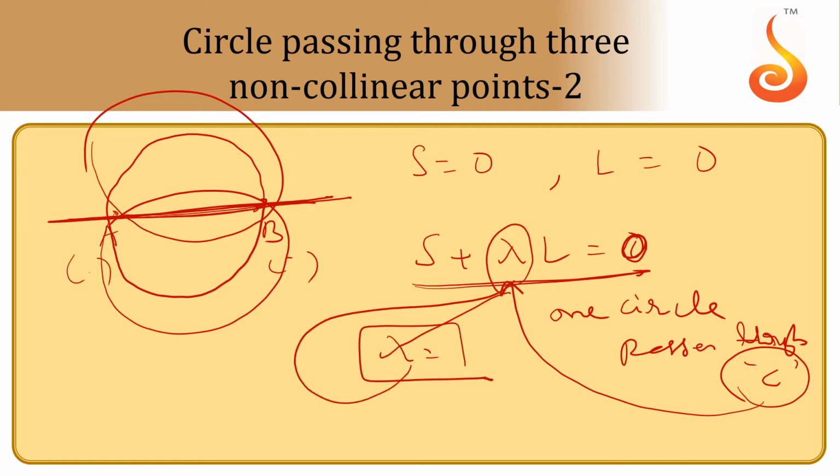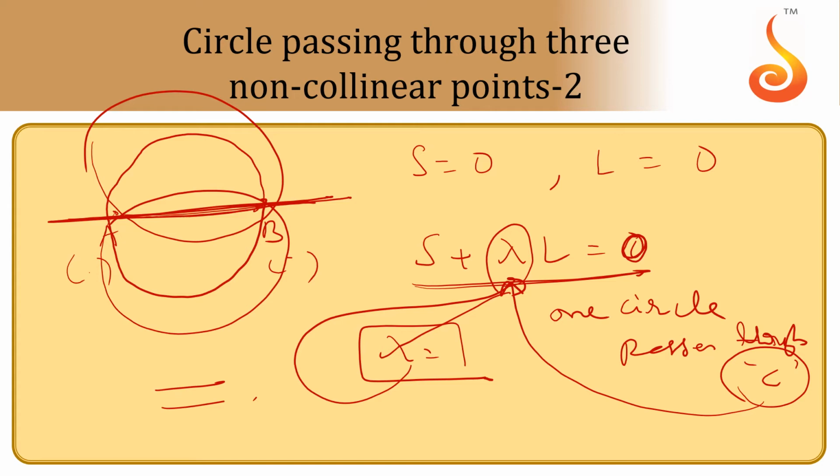So resubstitute lambda in that, and our required equation which is passing through A, B, C we can generate. So that is the way how we calculate the circle equation. So here my main aim is S plus lambda L equal to 0 as a family of circles.